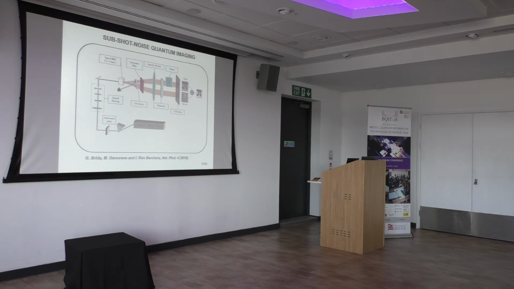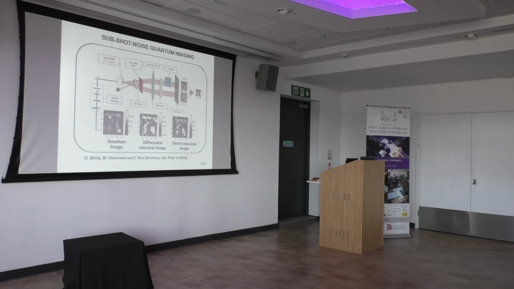And the first experiment was made by Marco Genovese's group. So I will not go into details how the setup was made, but really some object which was a pi letter was put into one of the twin beams in parametric down conversion, and they subtracted two images basically, and they saw that the twin beam image got better quality than classical images.